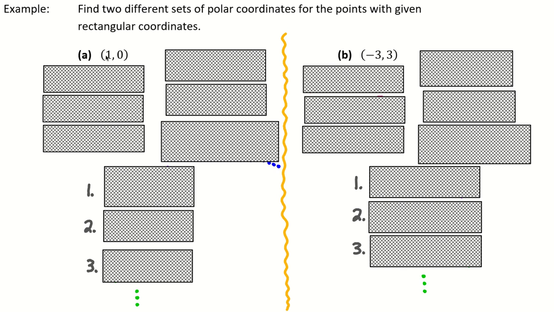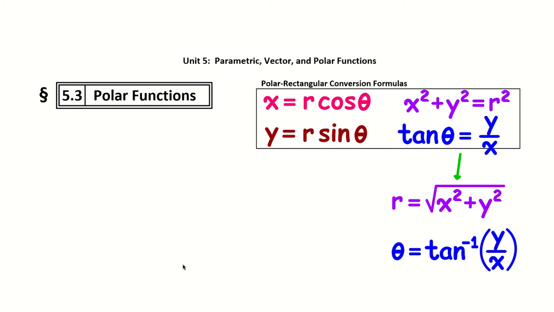So anyway, with knowing x and y, I know you might still be brushing off the cobwebs from pre-calculus, but these are the formulas and equations you're going to be using to take x and y and figure out r and theta.